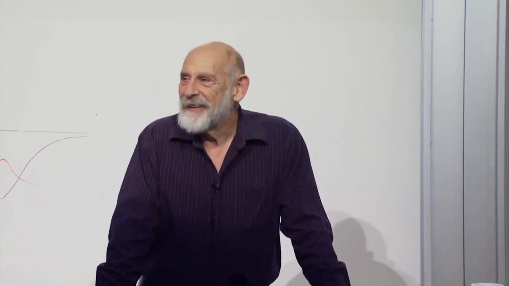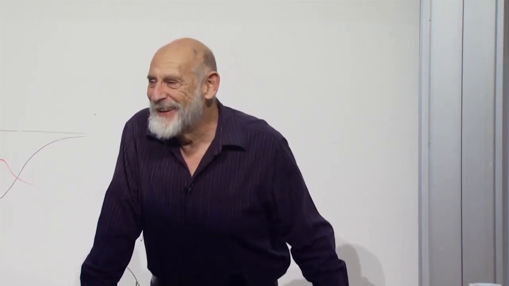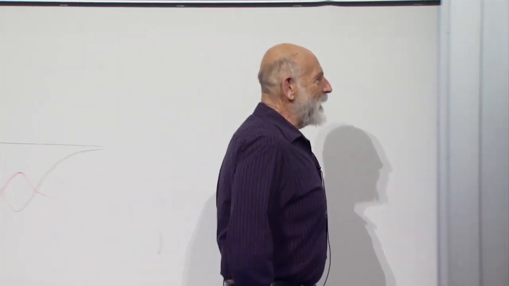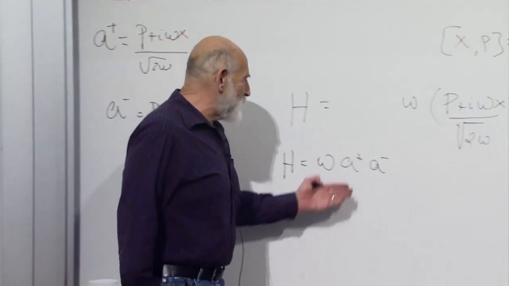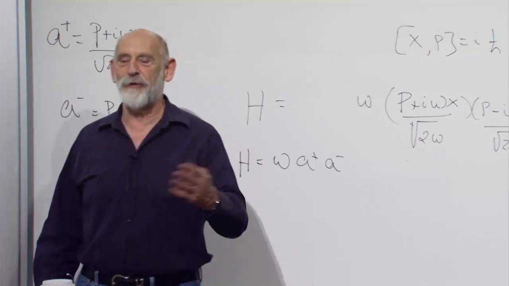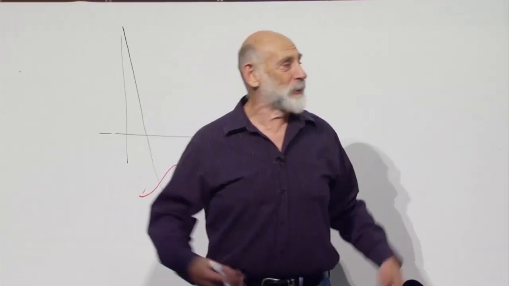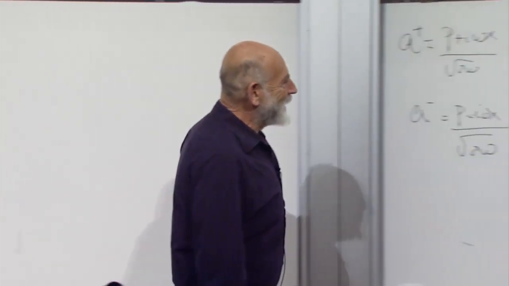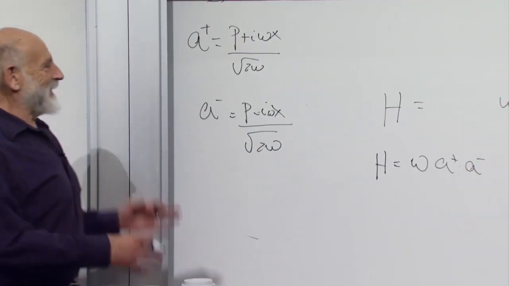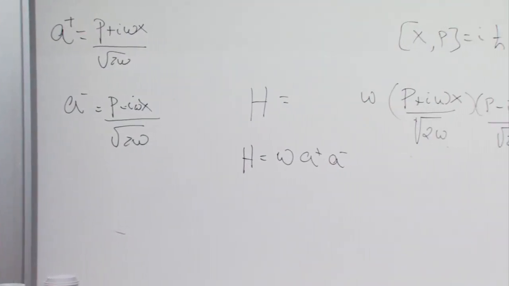So he would commute them. He would say, what's their commutator? Here I have a Hamiltonian, which is A plus A minus. I don't know much about A plus and A minus, but let's figure out what their commutator is. I'm bored. I've got nothing else to do. I like to sit around and commute things.